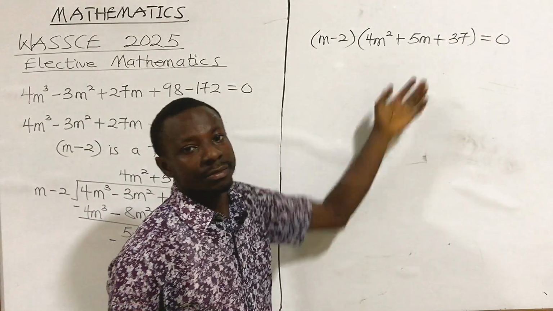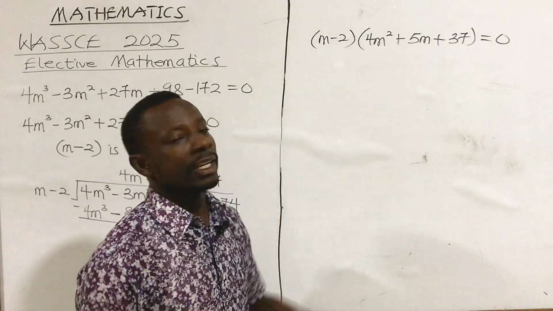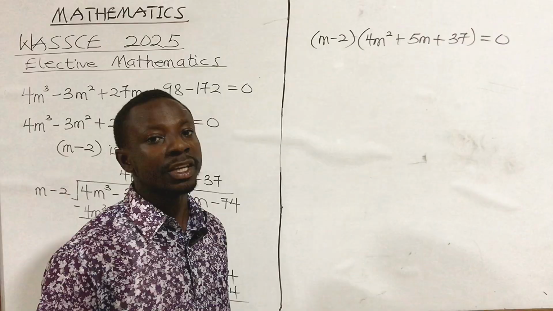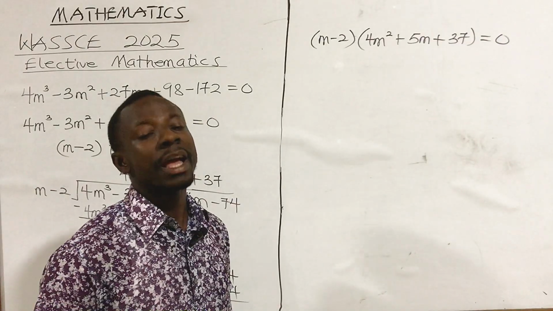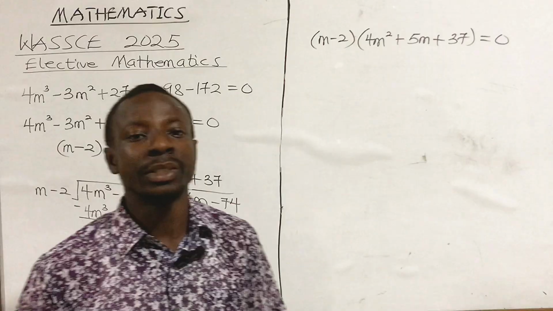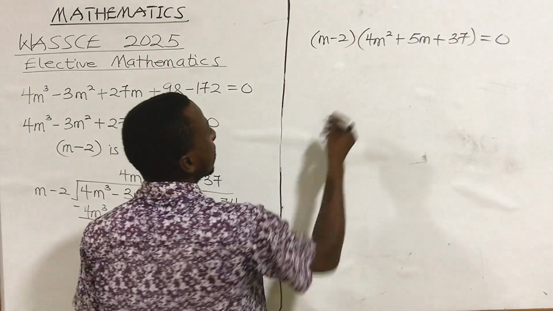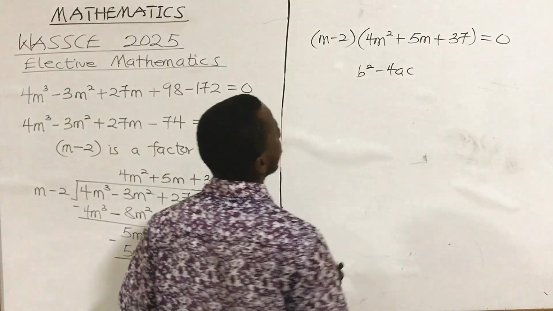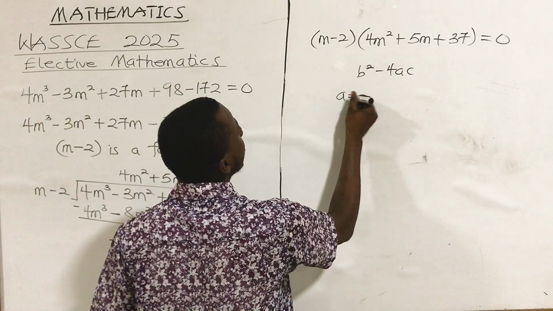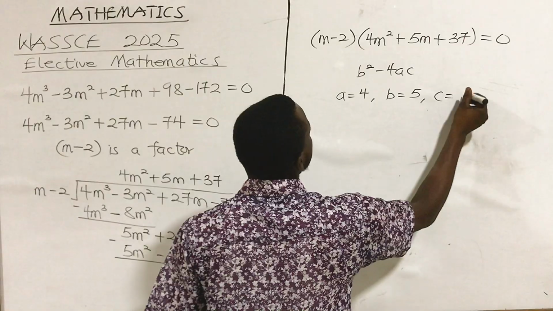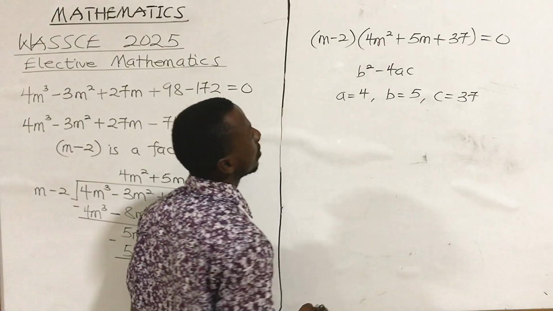Now from here, let's check if we are going to get a distinct root, equal root, or a complex root. In checking this, we can use the discriminant, which is b squared minus 4ac. From here, my a is equal to 4, my b is equal to 5, my c is equal to 37.